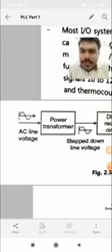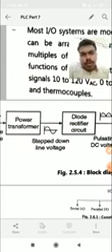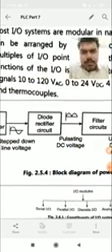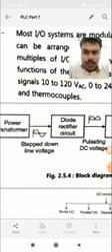Suppose we are considering an AC, then the AC line voltage is transferred to the power transformer. The transformer will step down the line voltage to a certain limit. Let's suppose the PLC works on a 24 volt supply.